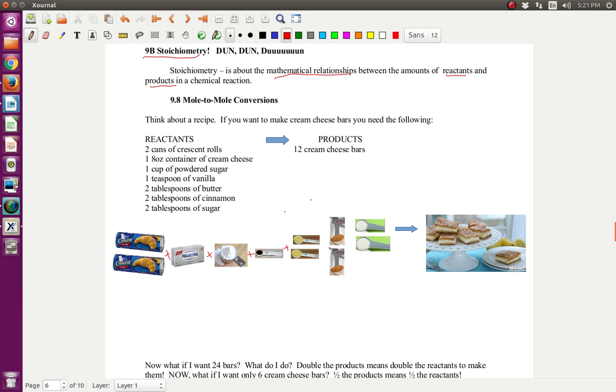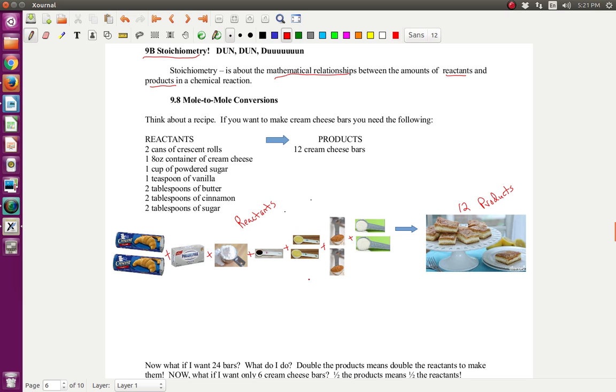You'll use 2 tablespoons of butter, 2 tablespoons of cinnamon, and 2 tablespoons of sugar. And if you follow directions and mix all that together, you create 12 cream cheese bars. So this side over here is the reactants of your equation, and this would be your products. Okay, so we can treat this just like a chemical reaction.